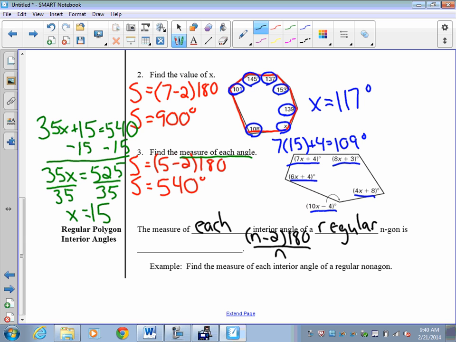So our example asks us to find the measure of each interior angle of a regular nonagon. So remember, nonagon, n is equal to 9. So I'm just going to use this same formula that I have. 9 minus 2 times 180 over 9.